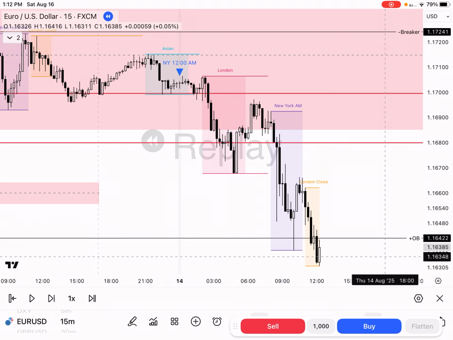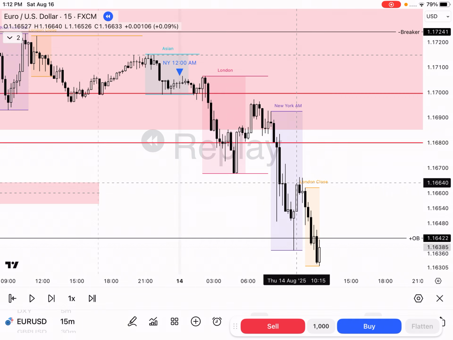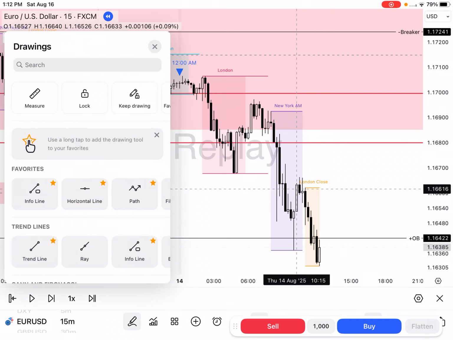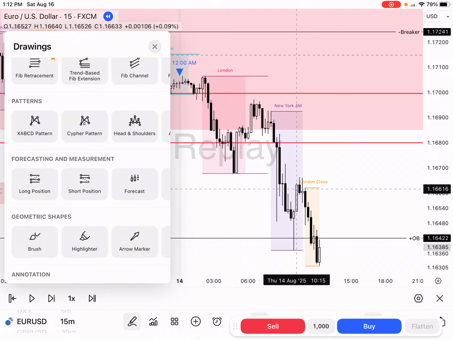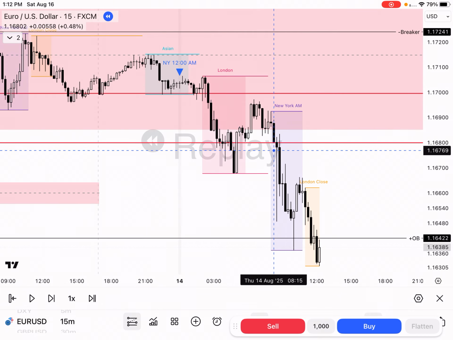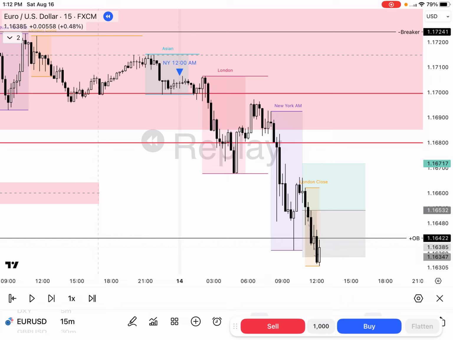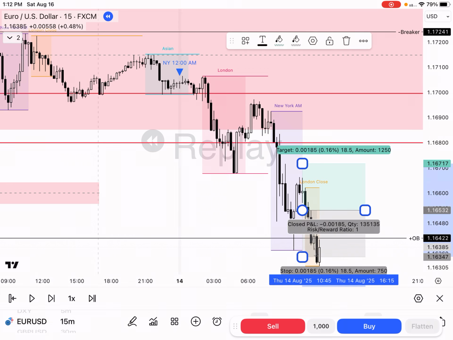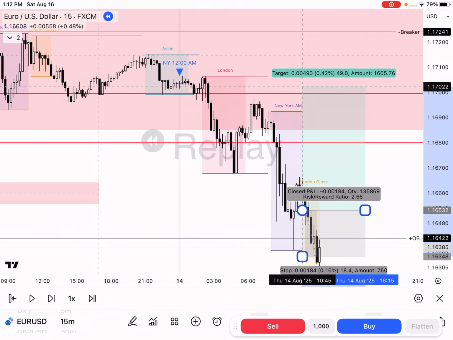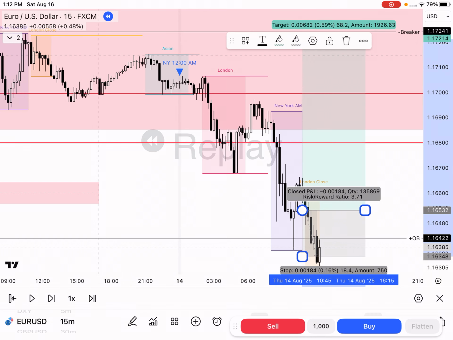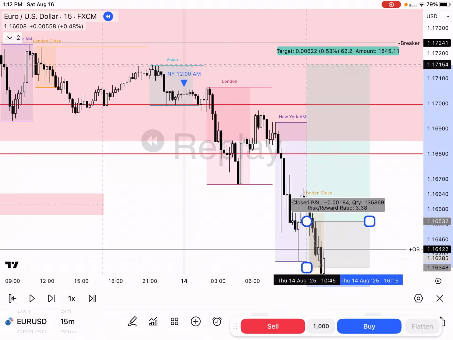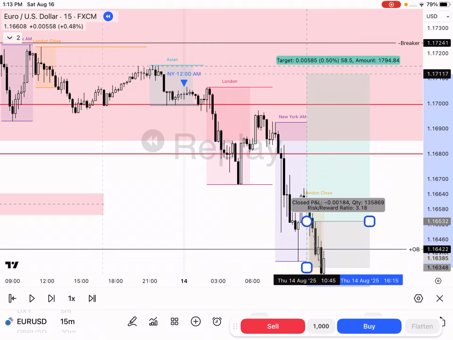Yes, I took a trade here since there was a rejection from this and my SL was here, targeting 1 to 7 risk to reward, not 1 to 7, actually a 1 to 3 risk to reward ratio.